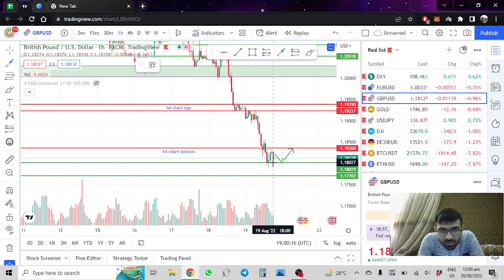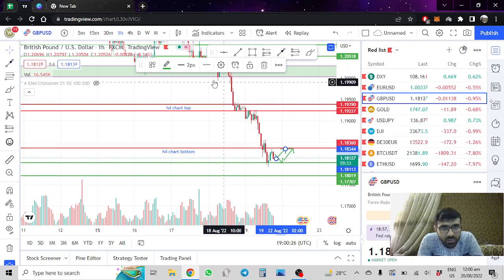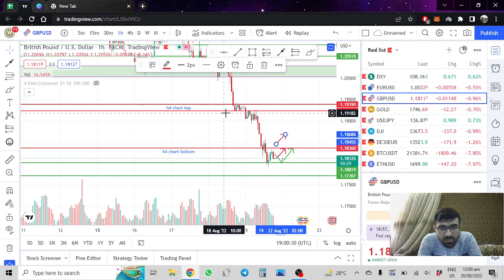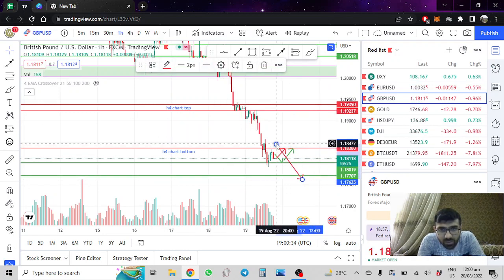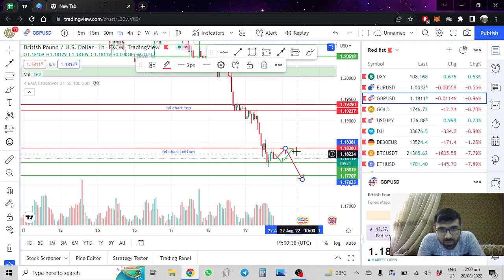So first of all, the selling area would be if the market goes till here from any point. Okay, let me mark this red so you guys can know that now I'm making a selling scenario. Okay, so this would be our second scenario.